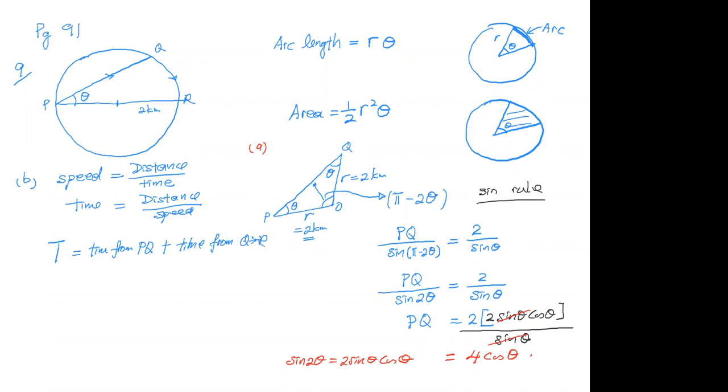Okay, so the distance of PQ is 4 cos theta divided by, okay, can someone tell me divided by what? Adrian, are you there?